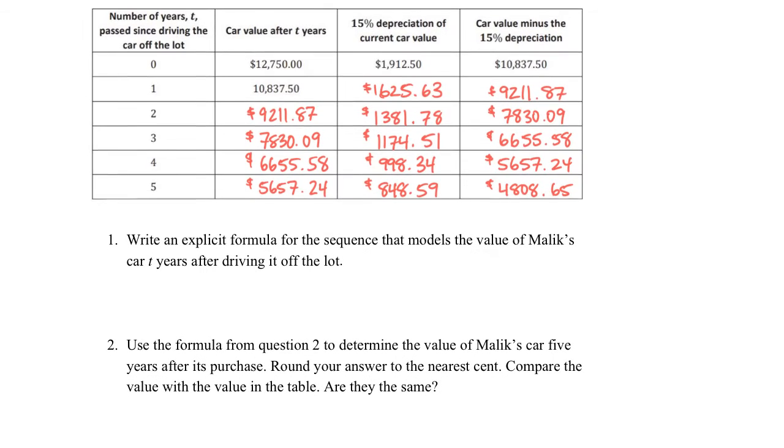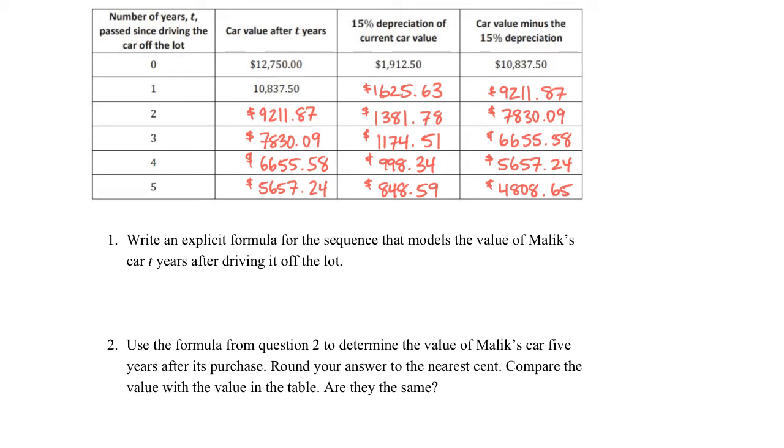All right. So it says, write an explicit formula for the sequence that models the value of Malik's car T years after driving it off the lot. Okay, so what we notice is that every time the value of the car is going down by 15%. Now, we've talked about when things are the same, it's 100%. And then if things were growing, we would take our percentage and add it on.